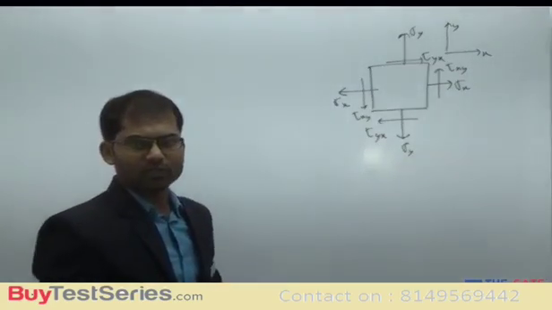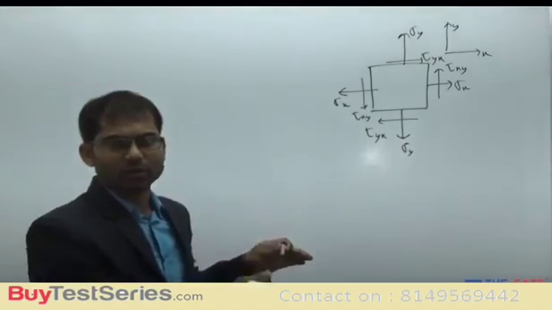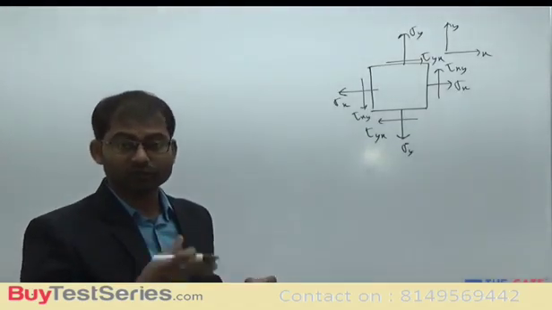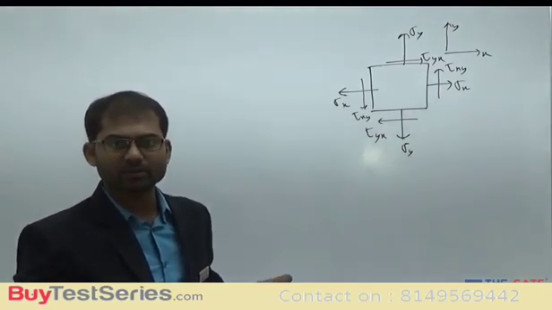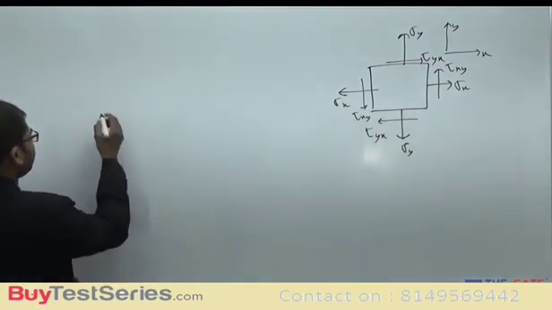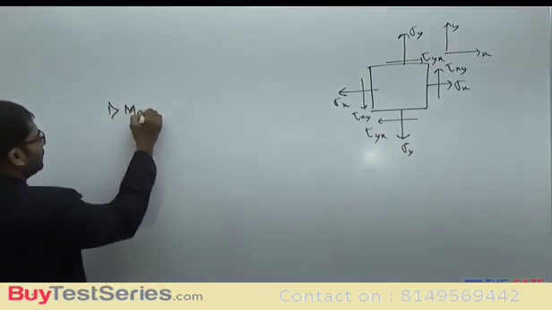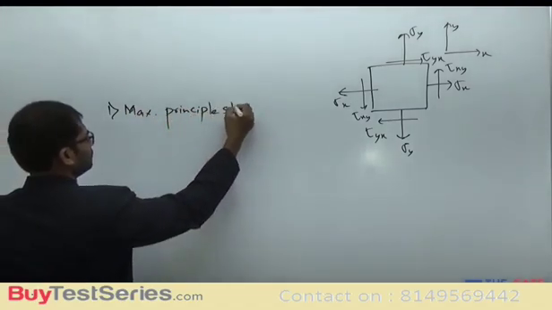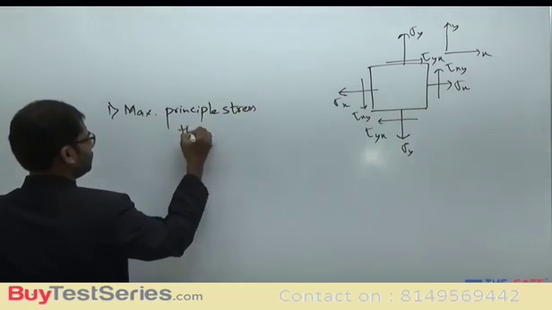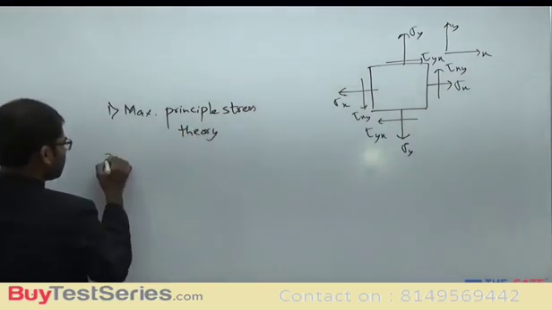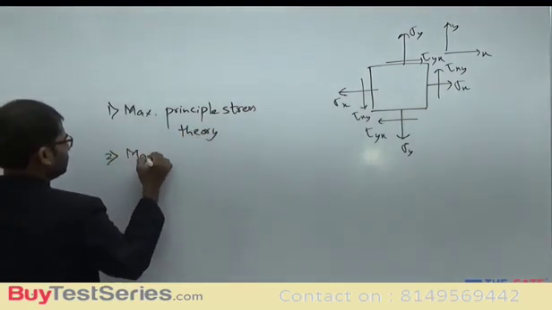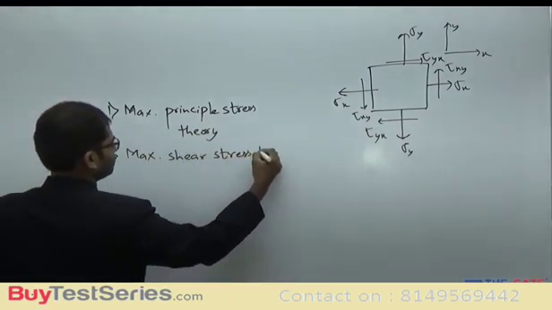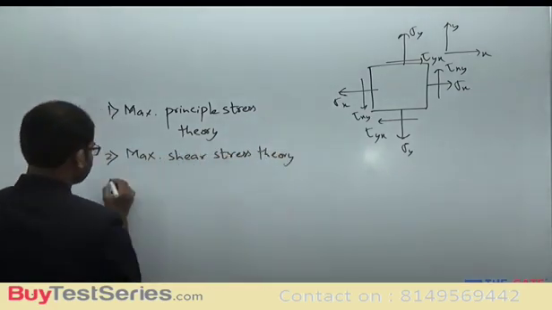Before going further, I should give you the list of all the theories of failure we're going to study, or basically what are the theories of failure we should study for any competitive examination. So basically there are 5. I'm writing down here. The first one is maximum principal stress theory. Second one, maximum shear stress theory.